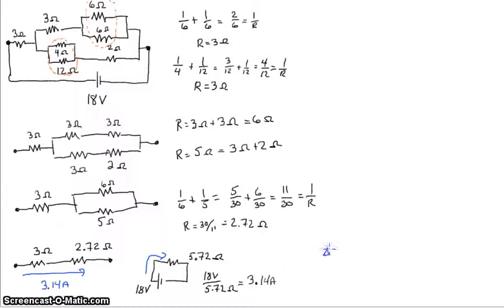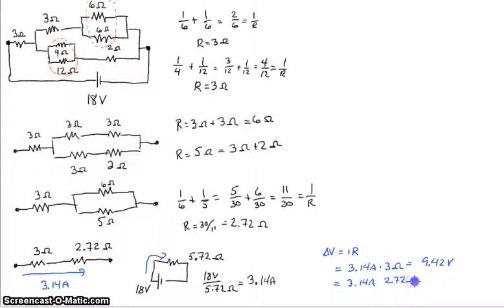The change in voltage is equal to current times the resistance. So for the 3 ohm resistor, it's going to be 3.14 amps times 3 ohms, which will equal about 9.42 volts.